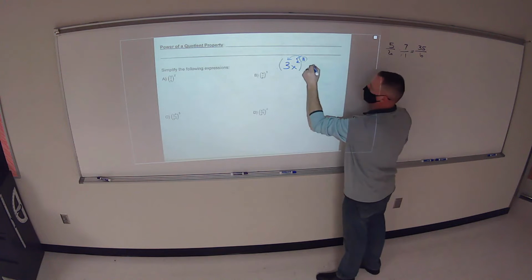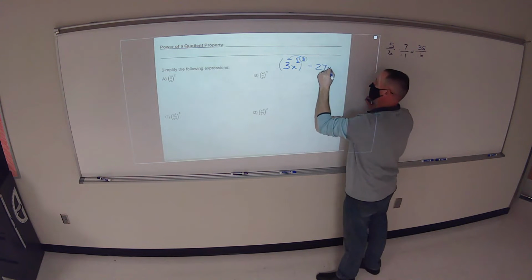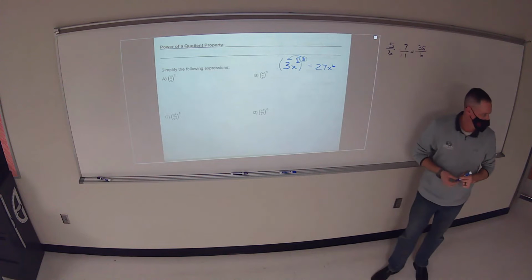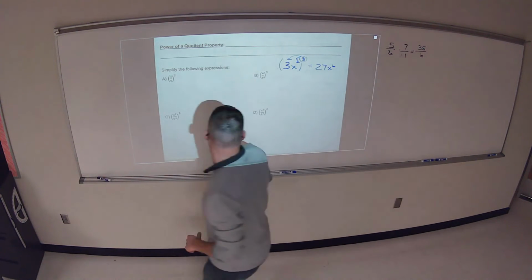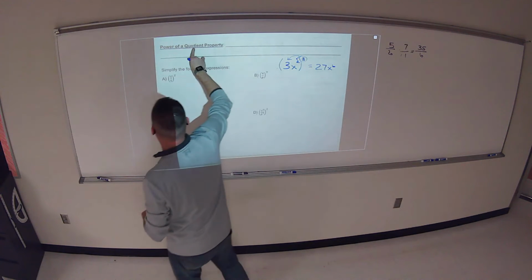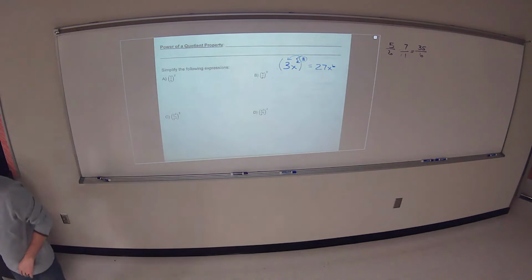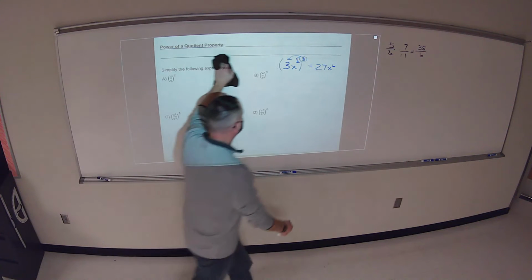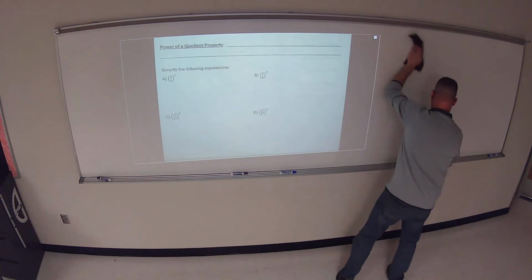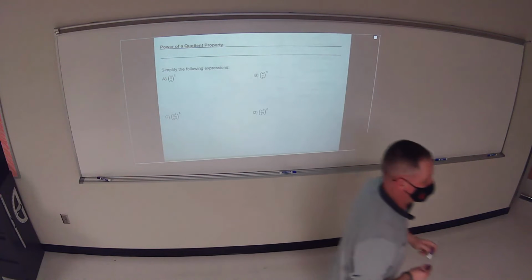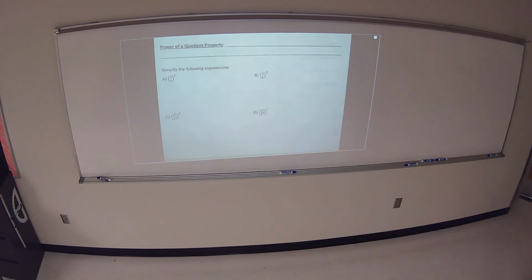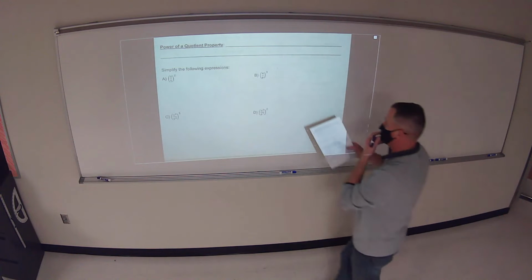So this ultimately became 27x to the 6th power. Same idea as this one, except we're going to change the product into a quotient. You're looking at the power of a quotient property for this one. Again, I'm going to spell it out in words first, and then I'll get an example with the variables next.